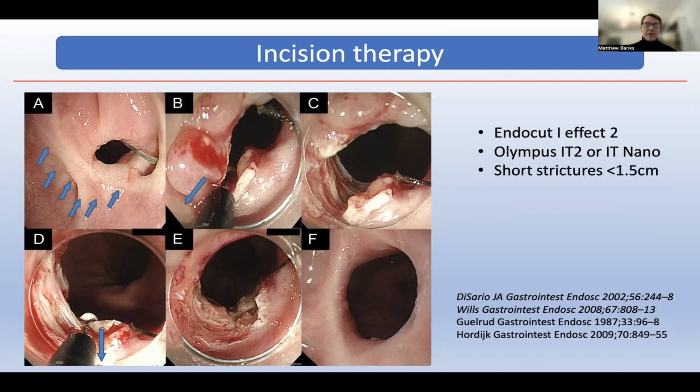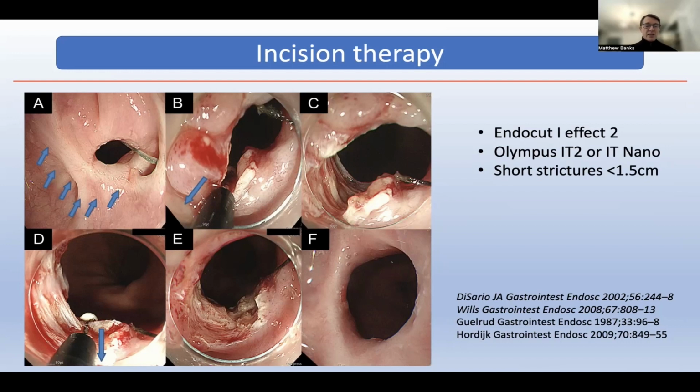My favorite knife is an Olympus IT2 with a porcelain insulated tip. The top of the tip, there is some conduction, so you can still cut by pulling. The IT Nano, on the other hand, is slightly smaller, and the insulated tip is completely insulated, so there's no cutting on the top of the porcelain.